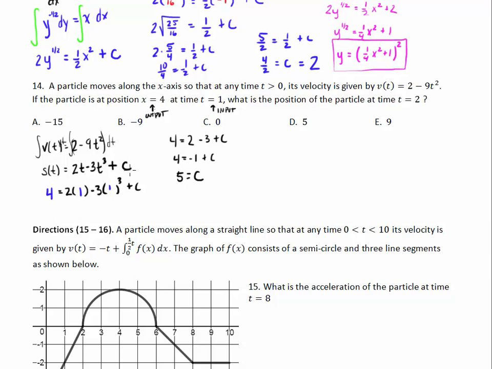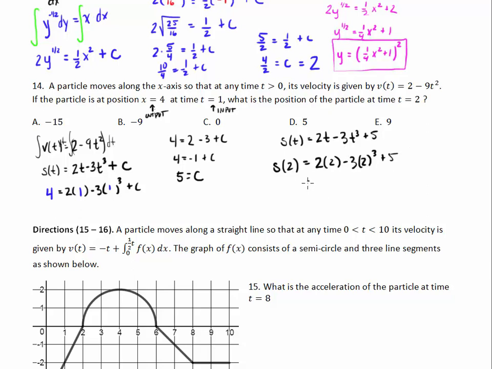I now know my c value is 5, so I know my position equation, which will tell me the position at any time I want. At time t equals 2, it is 2 times t minus 3t cubed plus c, which is 5. Now let's evaluate this at 2. So s of 2 is equal to 2 times 2 minus 3 times 2 cubed plus 5.